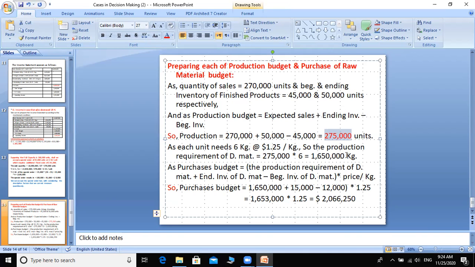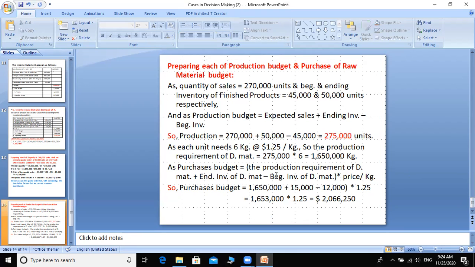But shall I purchase this quantity only? No. Why? Because I have beginning inventory and ending inventory regarding raw material. So again, I will produce 275,000 finished products units. Each unit needs 6 kilogram of raw material. So I need 1,650,000 kilogram.